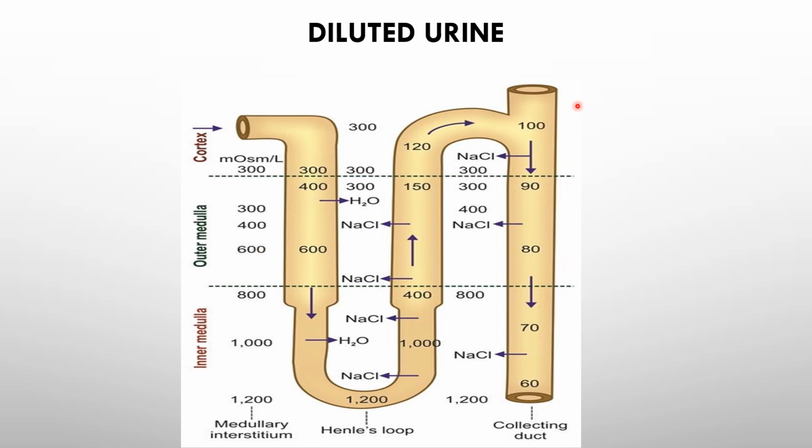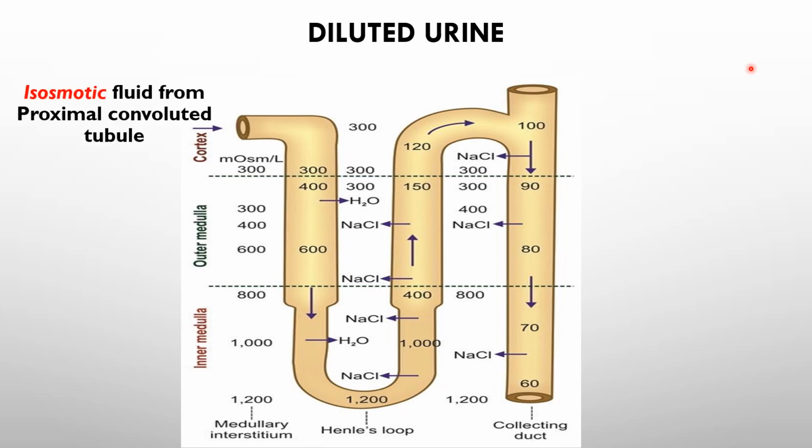So the urine can be hypoosmotic, as low as 30 milliosmol per kilogram, diluted, and they can excrete around 20 liters per day.